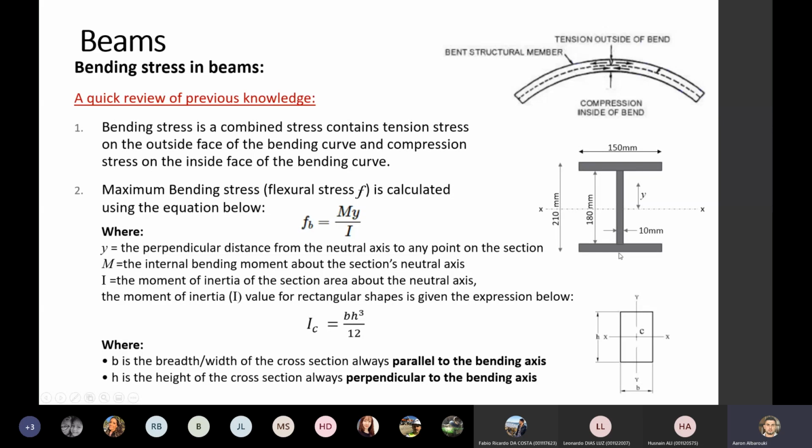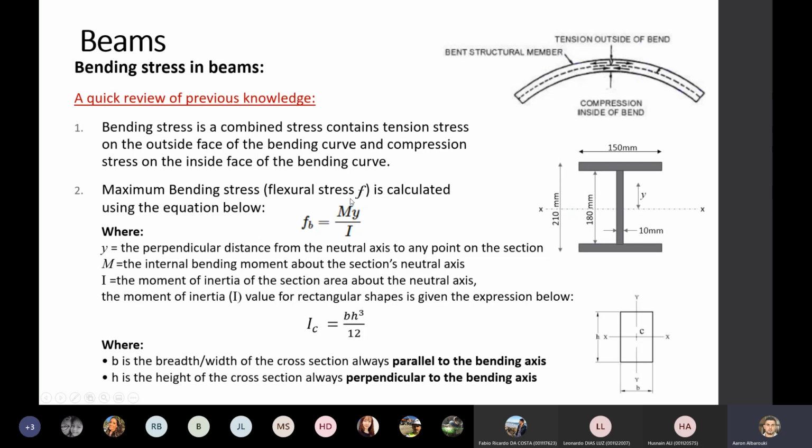At the center here, the compression will start being reduced all the way to be zero, and then start developing in the other direction as tension stresses, going all the way to the maximum stress here. You can see the maximum tension here at the surface and the maximum compression at the bottom surface. At the point halfway between these two surfaces, the stresses will be equal to zero.